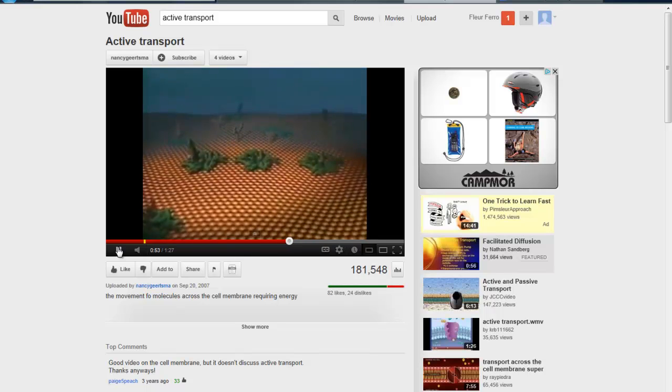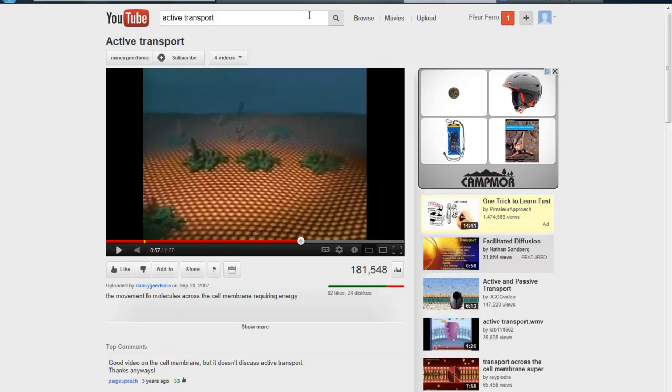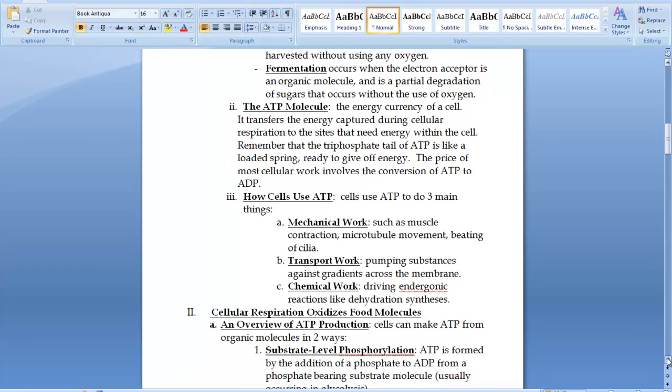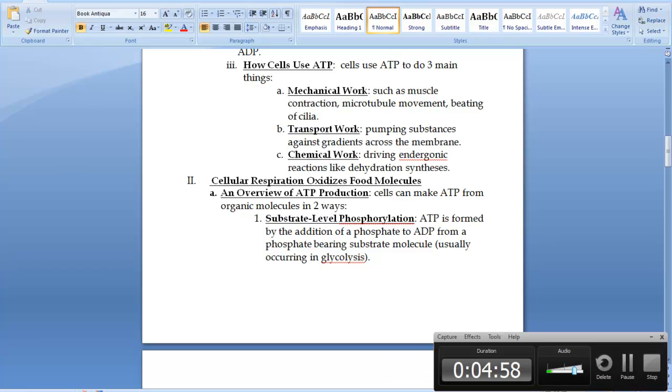That's going to be ATP that's used to allow something to go against its concentration gradient. Another reason that we could use it is to do chemical work, which are going to be endergonic reactions. So if you remember, endergonic reactions are going to be anything that requires energy, and that's what a lot of the reactions in our body are going to be. So there's two ways that we can make ATP, and we'll talk about that in the next video.